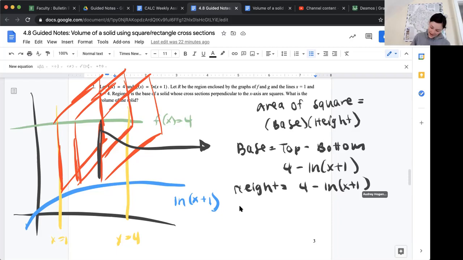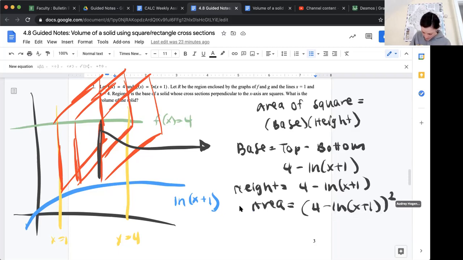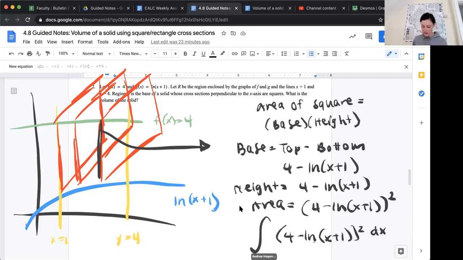So therefore, my area is equal to (4 minus ln of x plus 1) squared. And my volume would be (4 minus ln of x plus 1) quantity squared dx, adding that little bit of depth. And then to sum up all of my 3D shapes, I'm going to take the integral from 1 to 4.